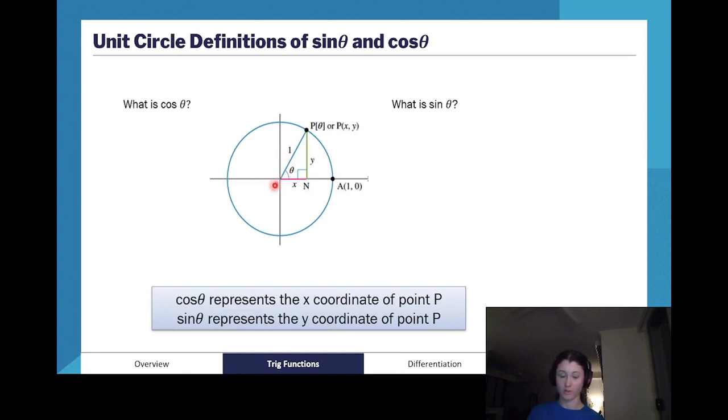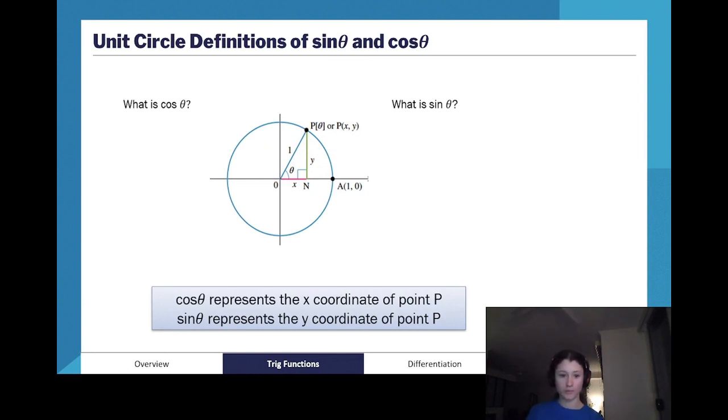And of course, the length of our line between the origin and the edge of the circle is 1, because our unit circle has a radius of 1, and going from the middle to the edge is a radius.